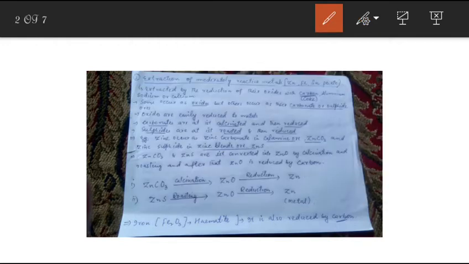So when are calcination and roasting used? If the ore is present in the form of carbonate, it is calcinated and then reduced. But if the metal is present in the form of sulfide, the ore is first roasted and then reduced.